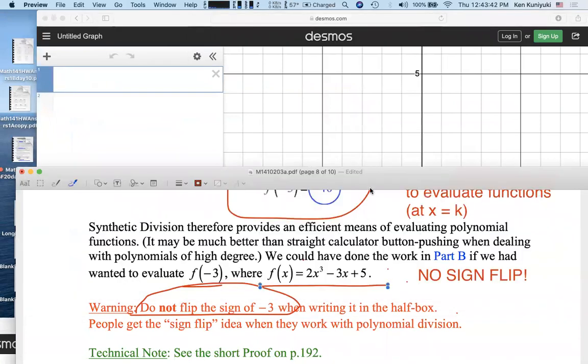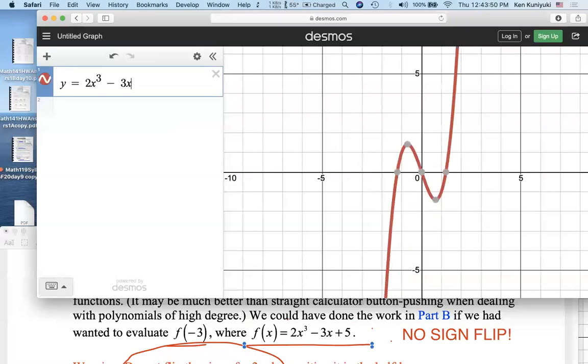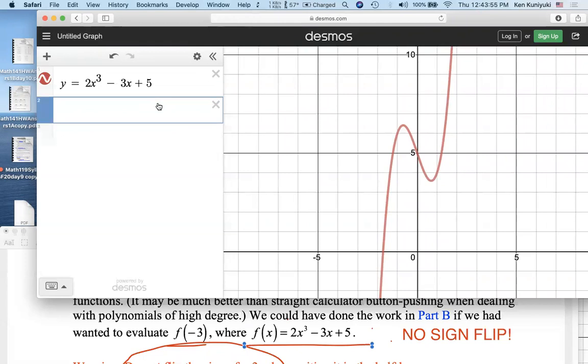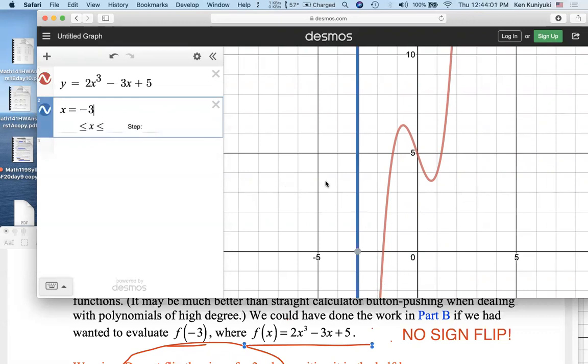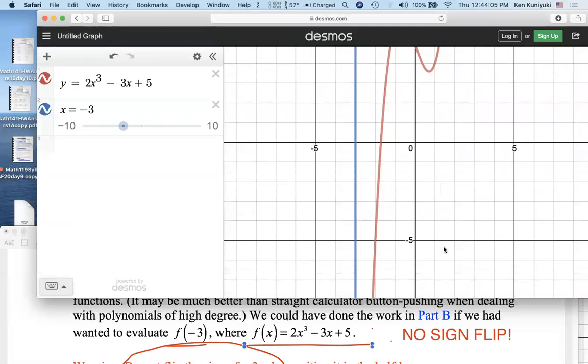So let's consider the graph of y equals 2x cubed minus 3x plus 5. It's this snake. Let's say that I care about when x is negative 3. I want to know the intersection point between these two graphs, the red and the blue.